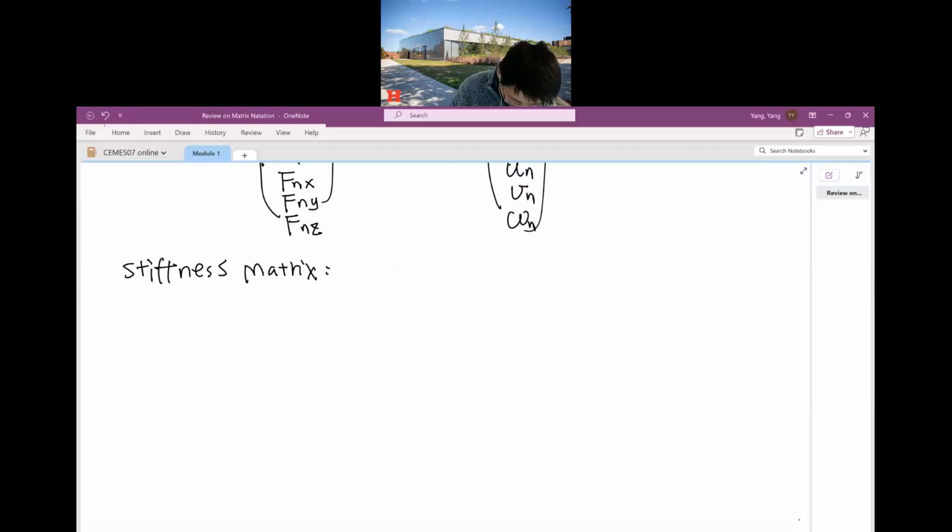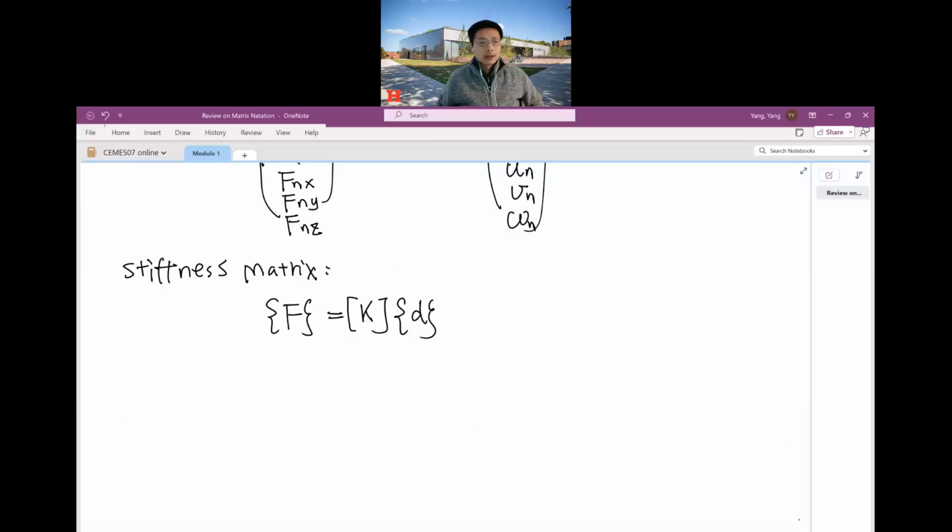So the relationship between the force and the displacement can be expressed as an equation in the form of matrices, right? So the force matrix is equal to the stiffness matrix times the displacement matrix. So here the matrix K is called the stiffness matrix.